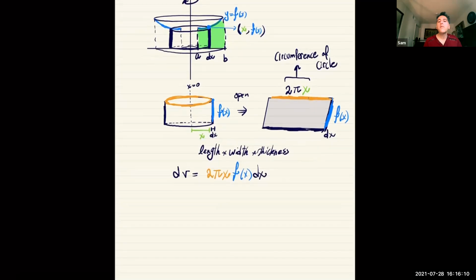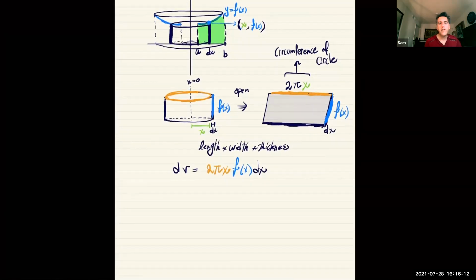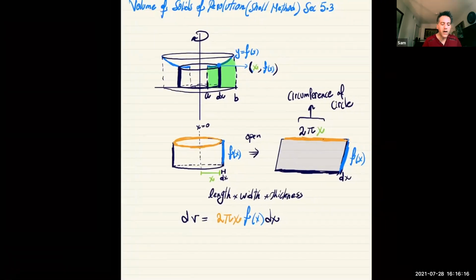To find the total volume, just do the integral. Look at the solid. The solid consists of stacking up all of these shells. There's a shell right there, a shell right here, a shell here, another shell here.